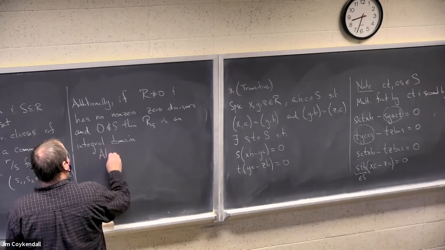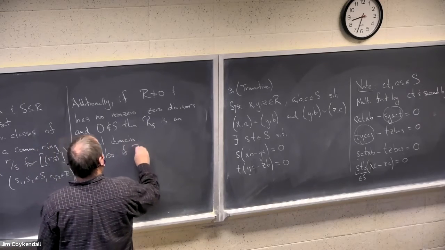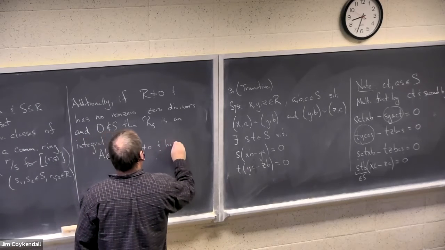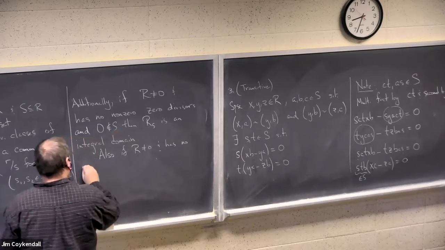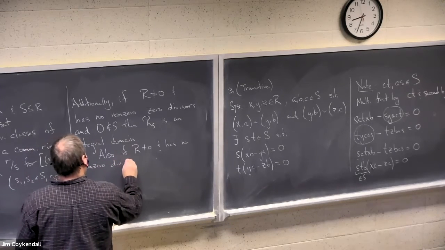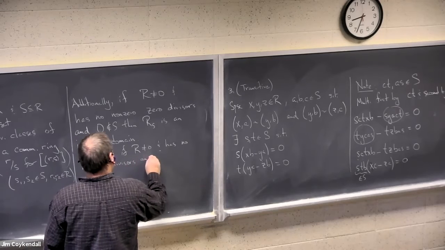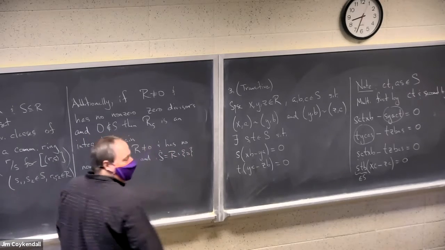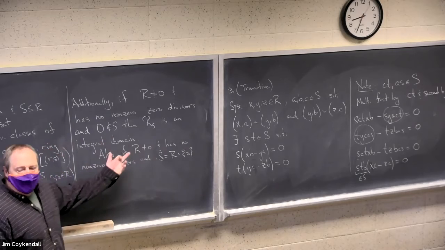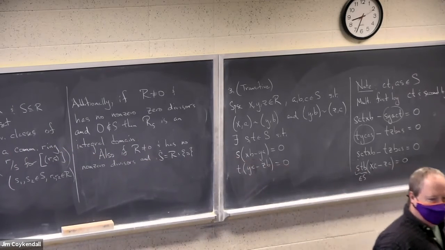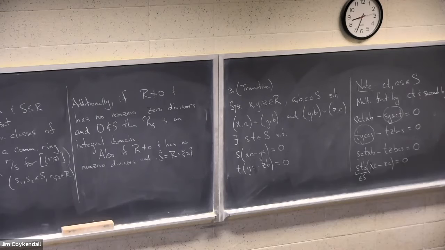Here's a special case. What if R has no non-zero zero divisors, and you take S to be every non-zero element of R?